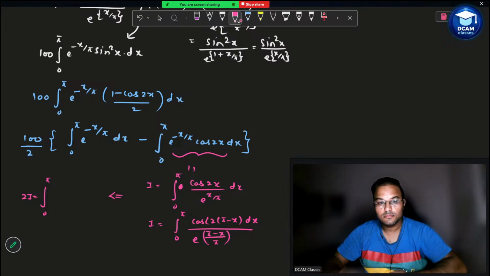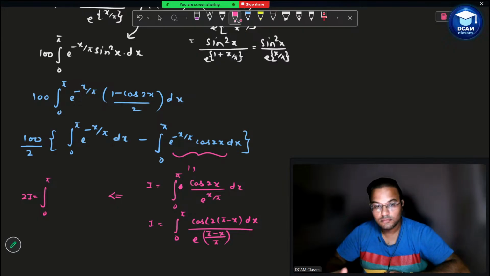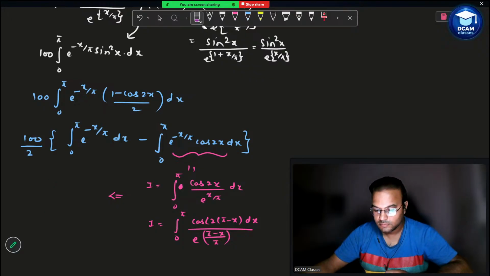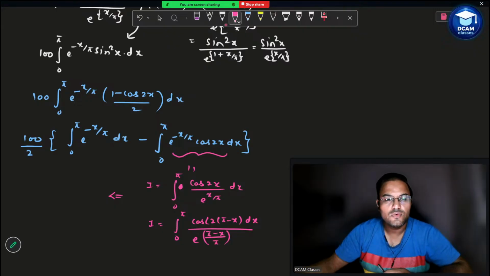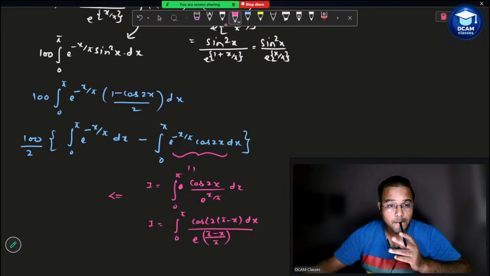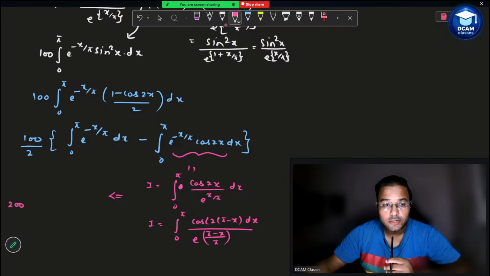So I'm getting 200 pi cube of 1 minus e power minus 1 by 1 plus 4 pi square. Is that the full solving or the second part only? Full solving, sir.